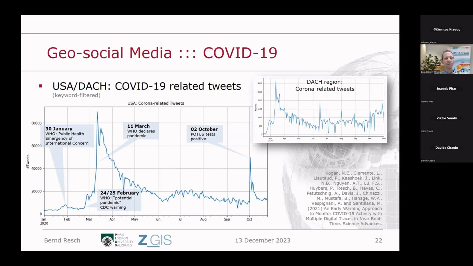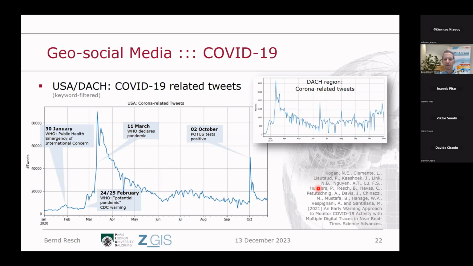And then the WHO declared a pandemic, and that's the important thing here. You see that the Twitter wave basically overtakes the epidemiological wave at some point. So here, the tweets were rising heavily already 3 to 4 days before the WHO declared the pandemic.